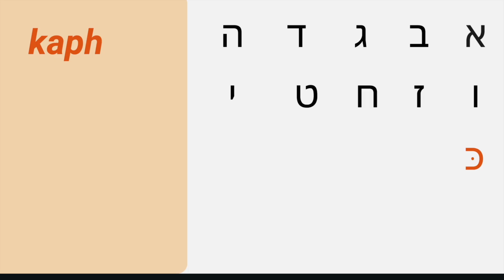Then there's Kaf, and Kaf, when it has the dagesh, makes a hard K sound like in kick. When it lacks the dagesh, it makes a ch sound, just like in the letter chet. Remember chet? So these two will make the same sound.